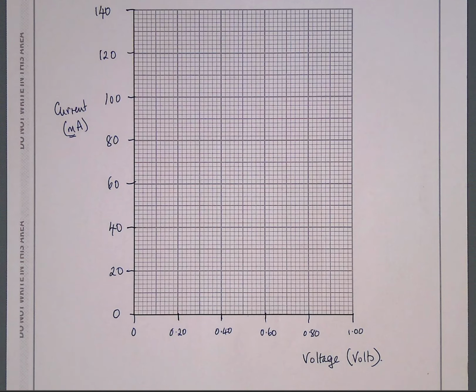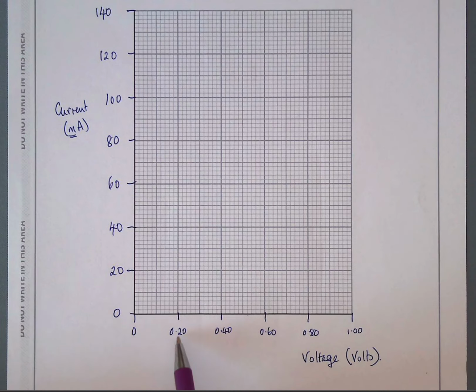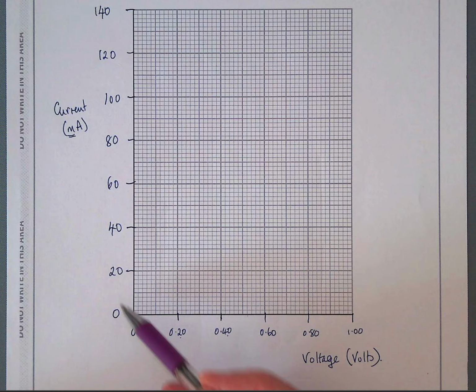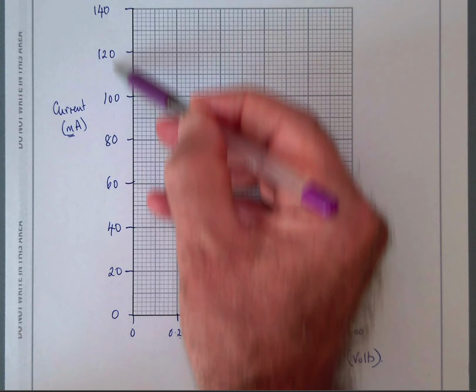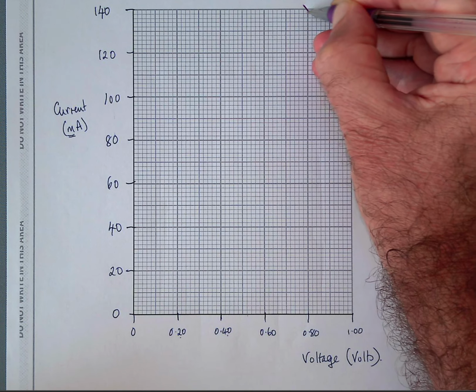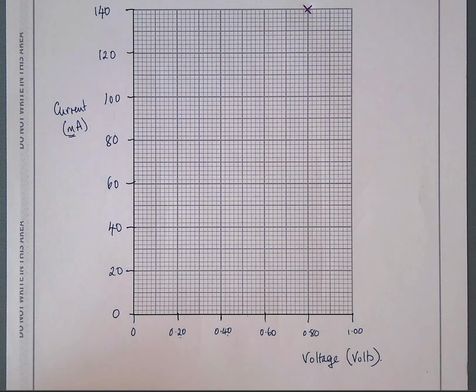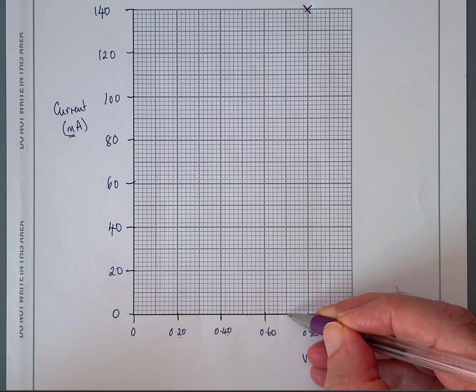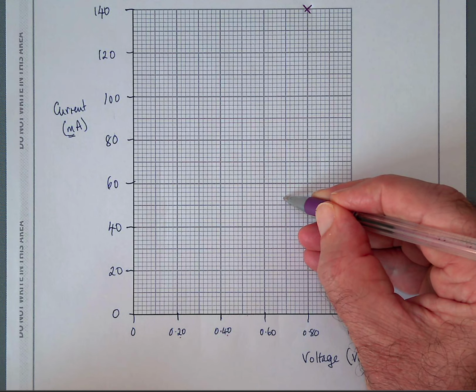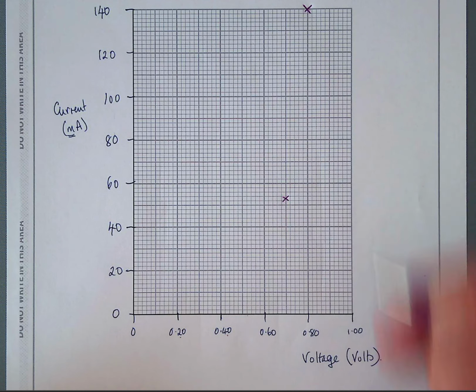So I've only drawn the scale. The scale is going up 0.2, 0.2 each time, so that's a sensible scale. And here they're going up in 20s, in milliamps, all the way to 140 at the top. So the top would be there, 140. The next one at 0.7 would be here, would be 33. So you see the 30, 32, 34, so you want it in between those two, 33.